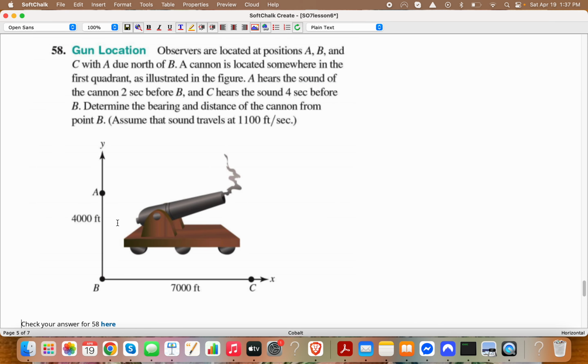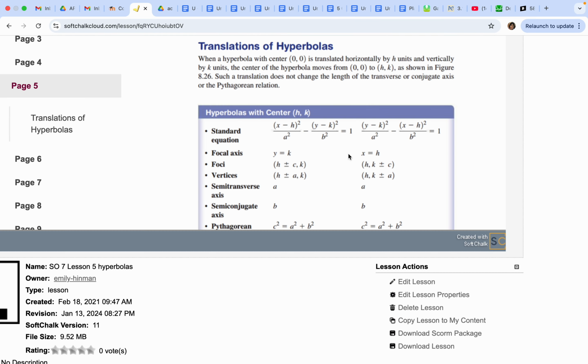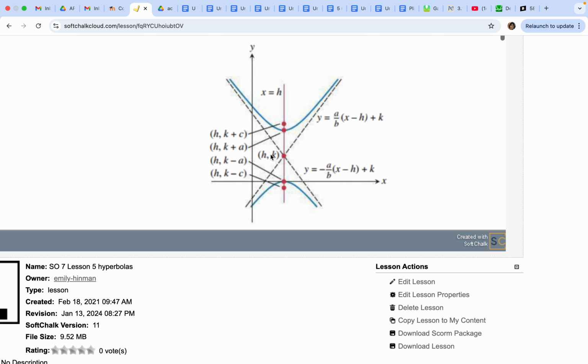So I have one opening here, and I know where the foci have to be because it says it's 4,000. So this whole thing is moved up. I'm opening this way, so I basically need to find these values of a.